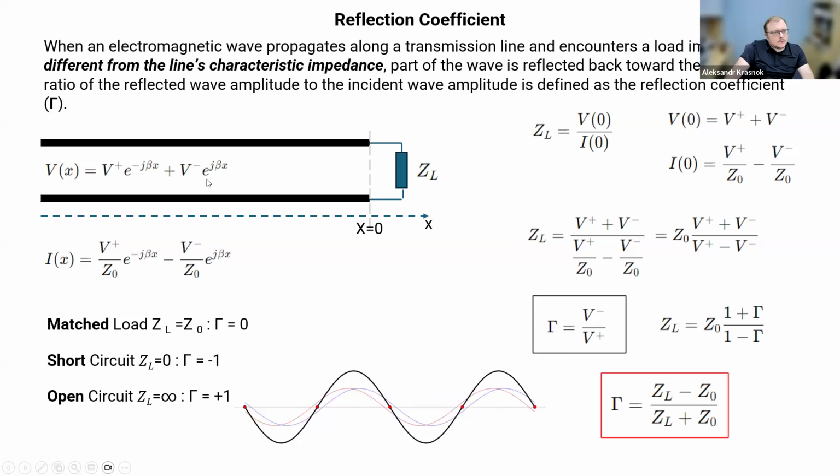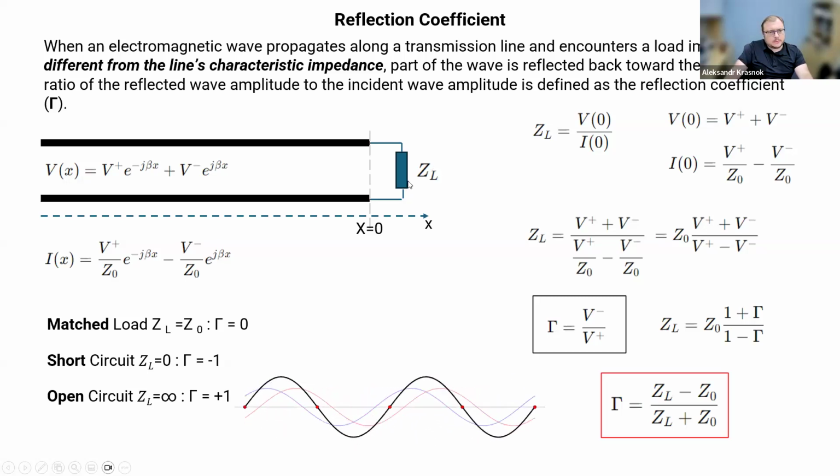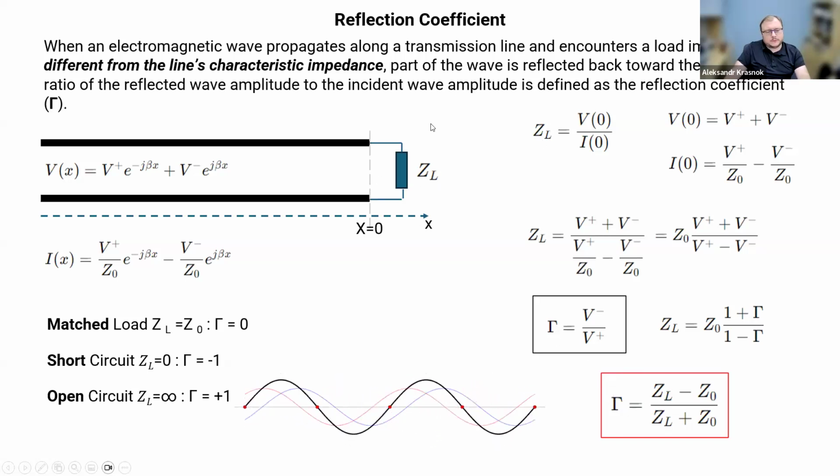Awesome. So, as I said, this load, this ZL, might be any kind of device. It can be an antenna, it can be a probe, whatever it is. And you see that the reflection coefficient depends on this load impedance.